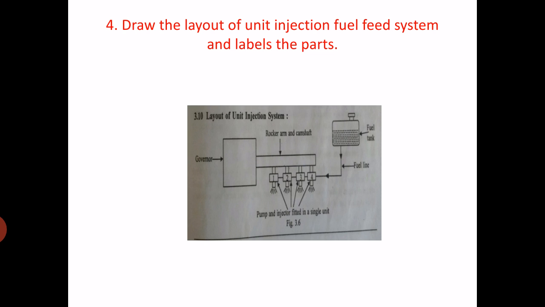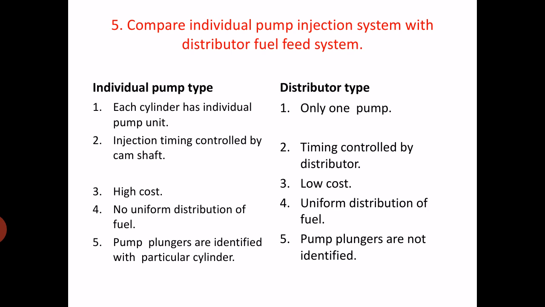Fuel is supplied from the fuel tank, and a governor is there to control the fuel delivery according to the speed. When the camshaft operates, it operates the pump, and the pump creates the pressure. At the same time, high pressure fuel is injected into the engine cylinder according to the firing order.